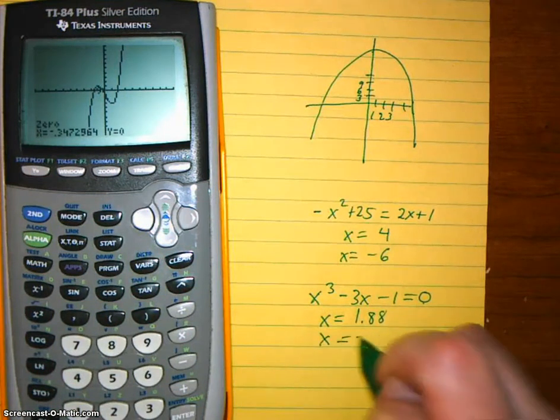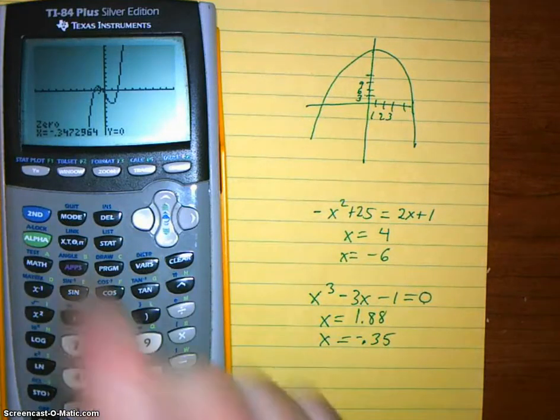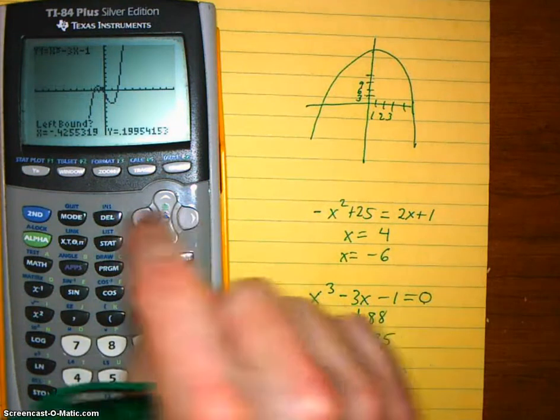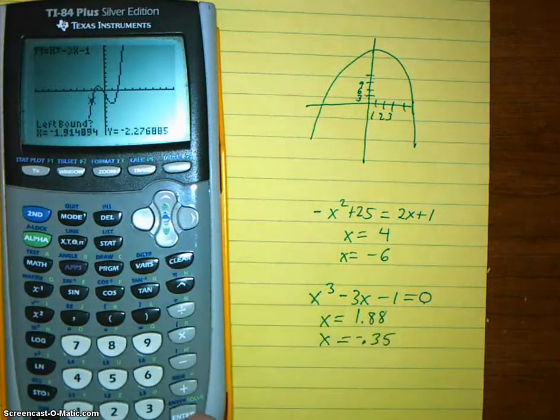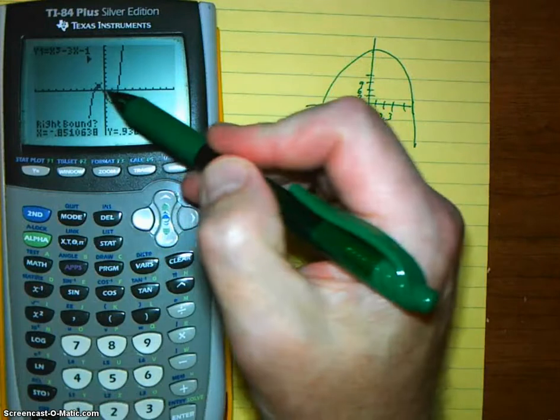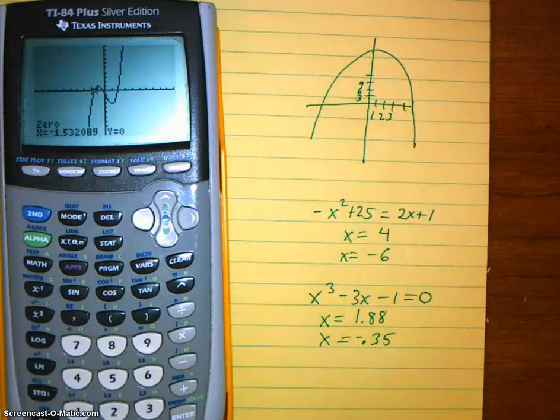X equals minus 0.35, rounding to 2 decimal places. And then one more. Calculate the 0 one more time. Left of that one, right of it, but again, don't go right of the other one there. And a guess. X is negative 1.53.